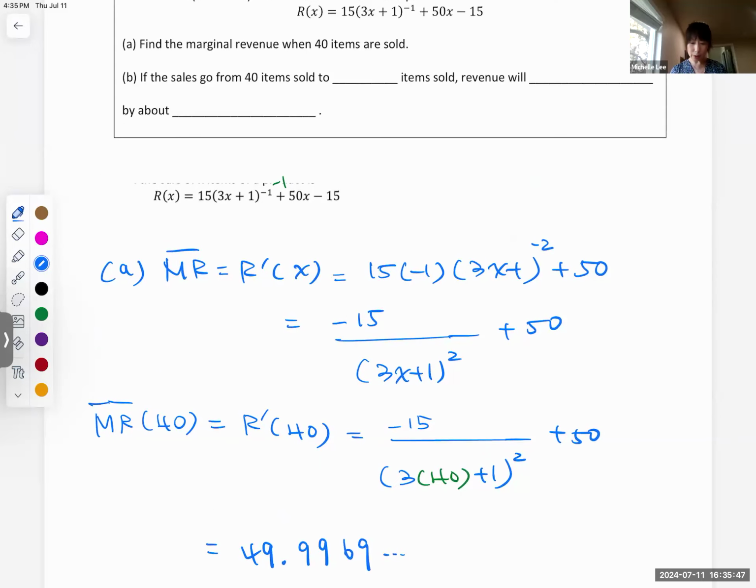Okay, so the second part: if the sales go from 40 items sold to 41 items sold, revenue will, we have a positive $50, so it increases by about $50. Okay, all right.